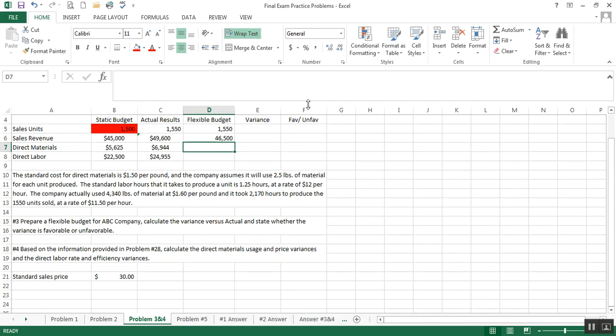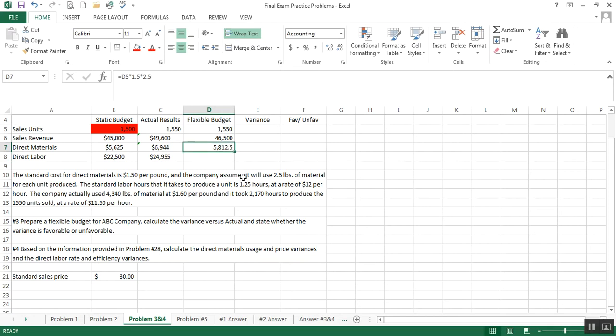Now let's calculate our direct materials, what we think we should have spent on direct materials selling 1,550 units. So we're going to take the number of units and we're going to apply our assumptions. So we assume that it's going to cost us $1.50 per pound, and we would have used 2.5 pounds.